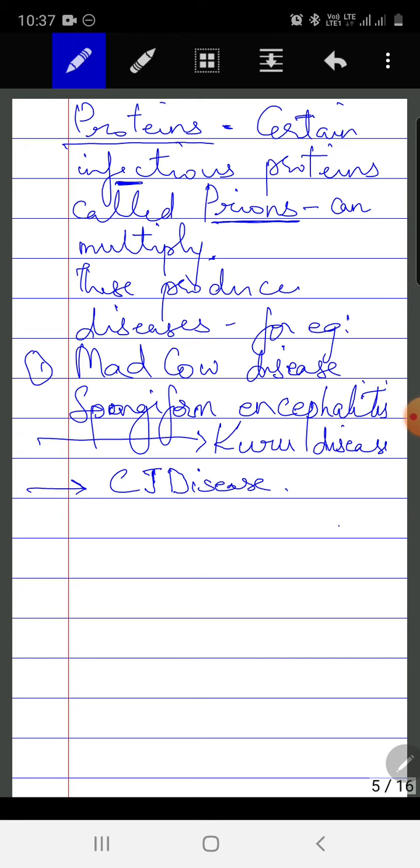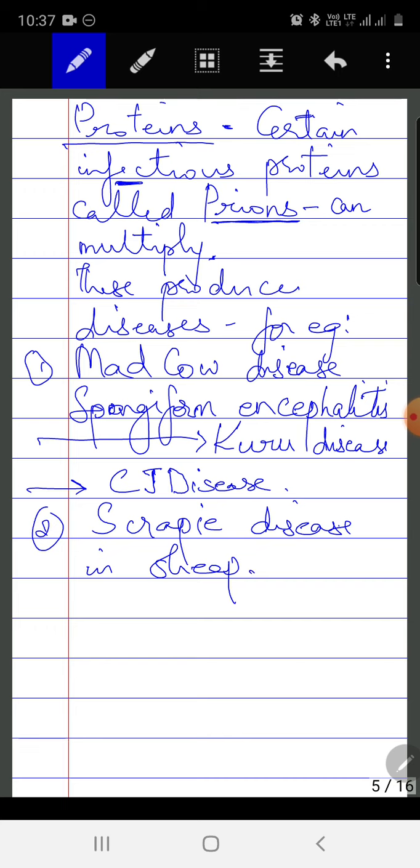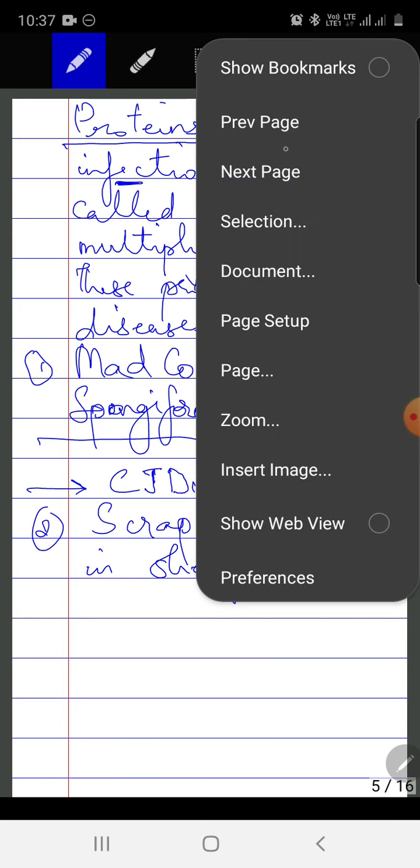There is another disease which occurs in sheep, scrapie disease in sheep. So basically these are the evidences when you can say reproduction can be carried out by certain organic molecules as well.